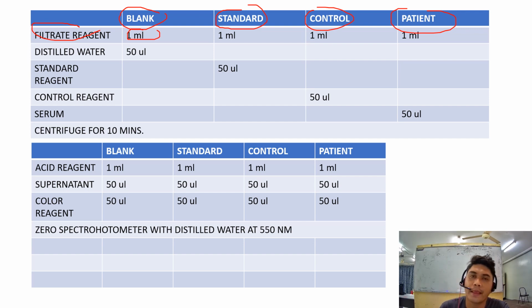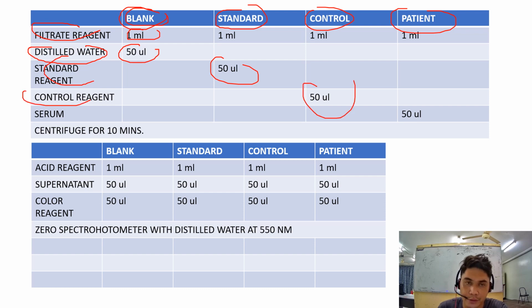Then you put 50 µL of distilled water for blank, 50 µL of standard reagent for standard, 50 µL of control reagent for control, and 50 µL of serum for the patient sample.